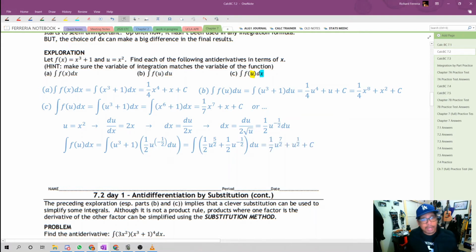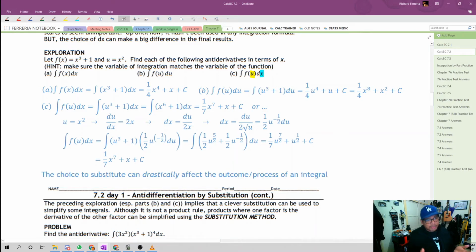Finally, we know that u is x squared. So when I substitute x squared for u, I get 1/7 x to the 7th power plus x plus c. Wow, that was so much longer, even though we got to the same answer.